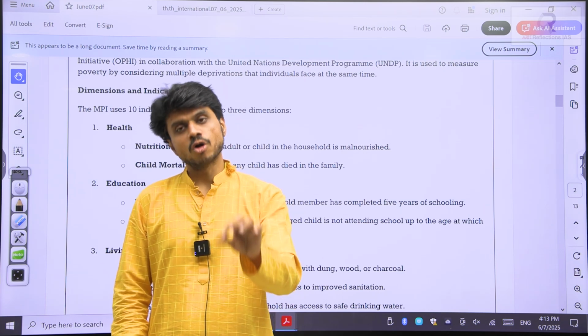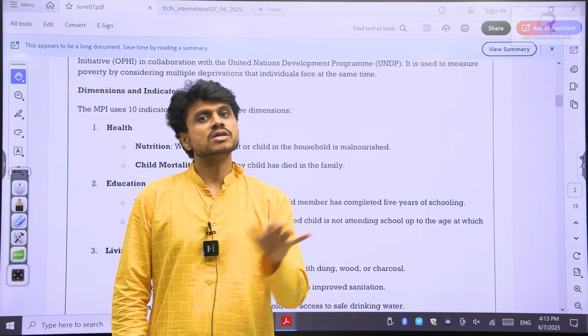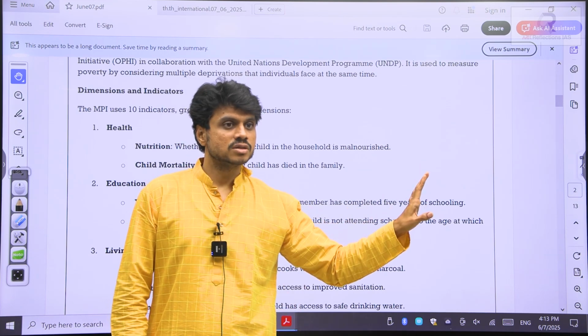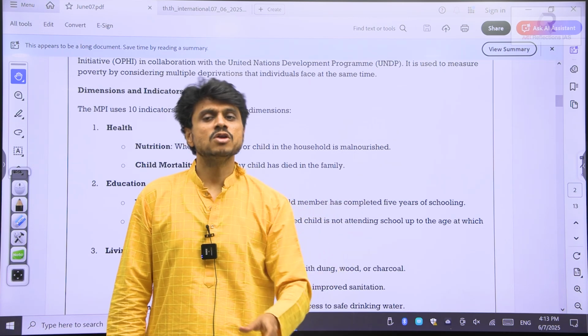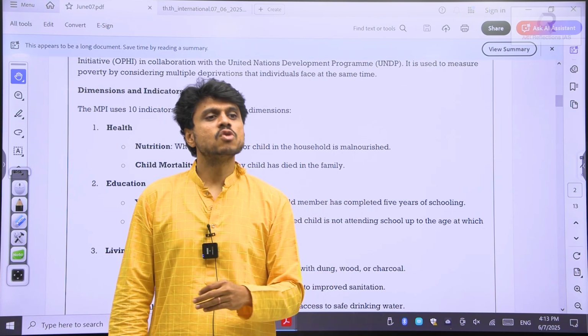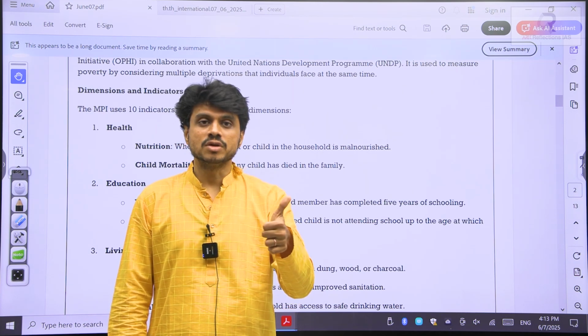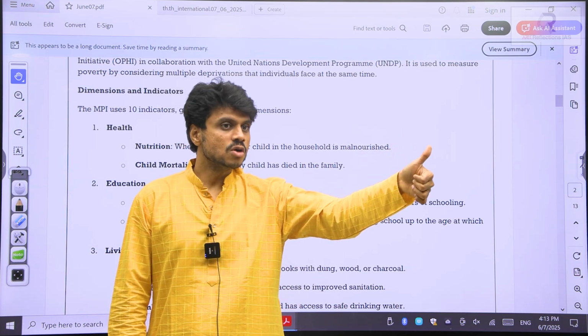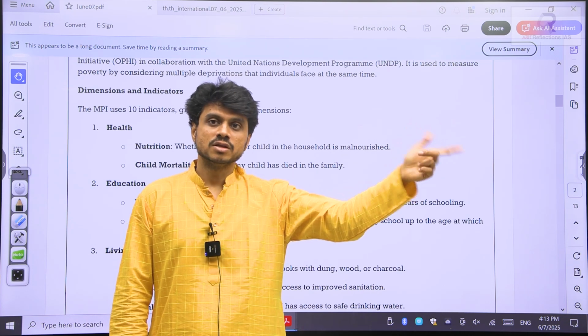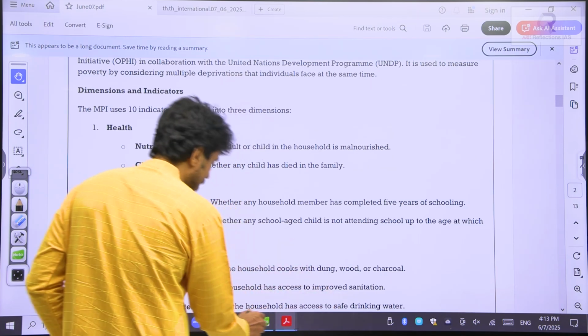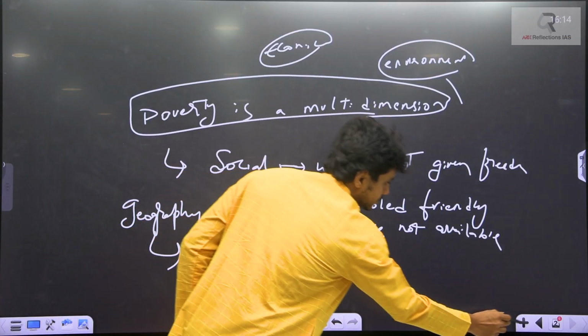Government will provide 100 days of employment for any person in their household in the rural areas. If they are not able to provide the employment, government will provide you money. So with this, what is happening? You are getting the money. So this is one way to handle the poverty. I am directly giving you the job. If not job, I am providing you the money. This is one way.